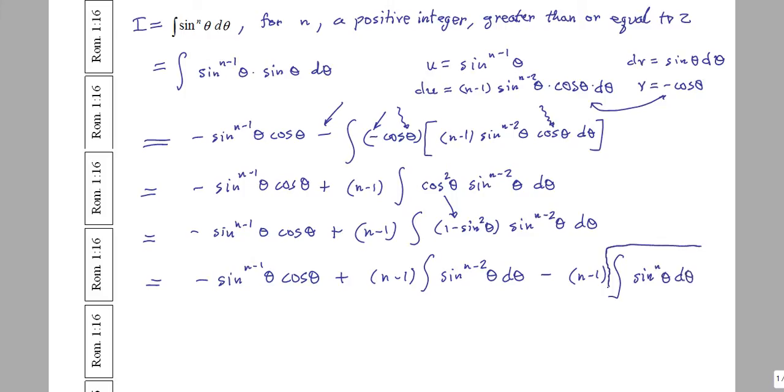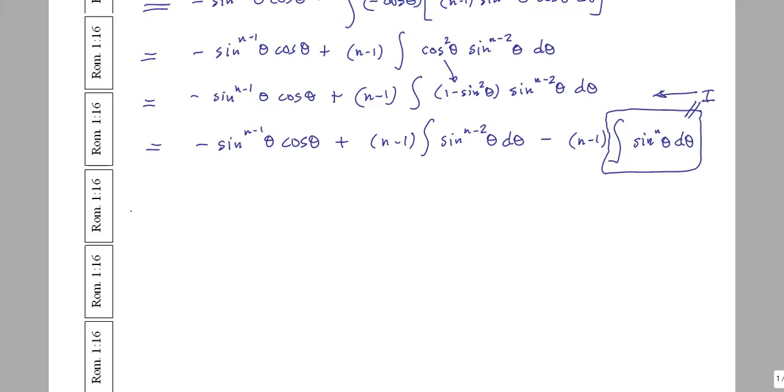And we recognize once again that this integral right here is what I was calling I. So I'm going to take this I to the other side of the equal sign, and that's going to result in the I that I had sitting over there to begin with, plus this I, which is the n minus 1 times the I, is equal to everything that is left on the right hand side, minus sine to the n minus 1 theta cos theta plus n minus 1 times the integral of sine to the n minus 2 power theta d theta.